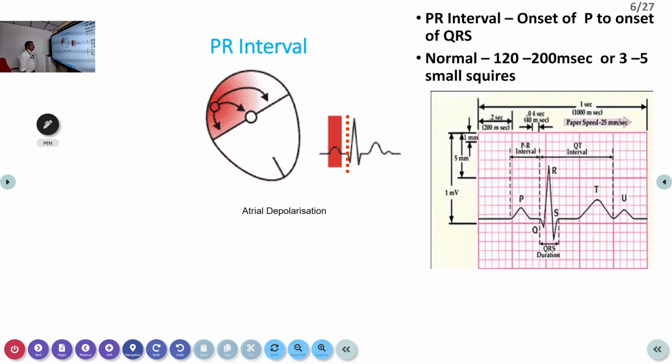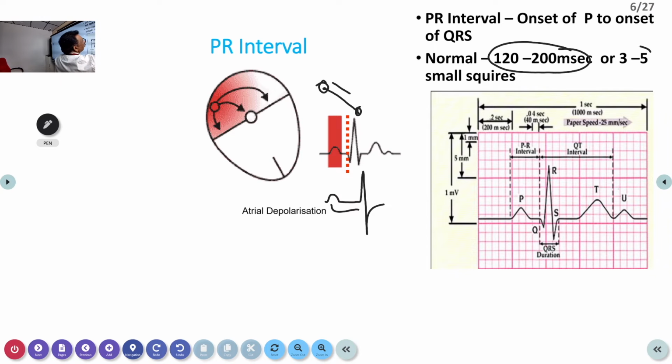Now you can see here the PR interval. From the onset of the P wave to the onset of the QRS complex, that is the PR interval. Normally it is 120 to 200 milliseconds, or 3 to 5 small squares. That is very important.